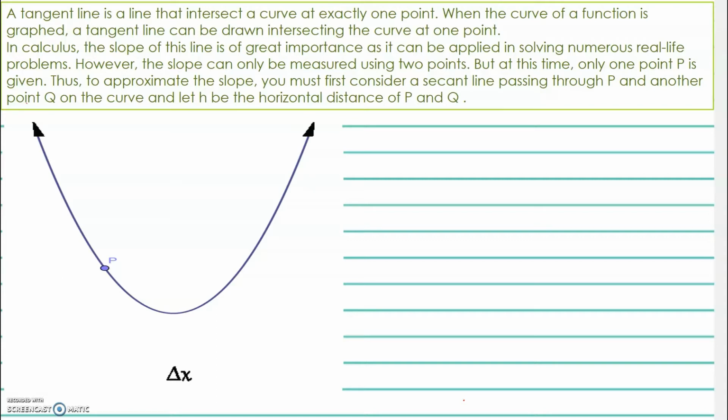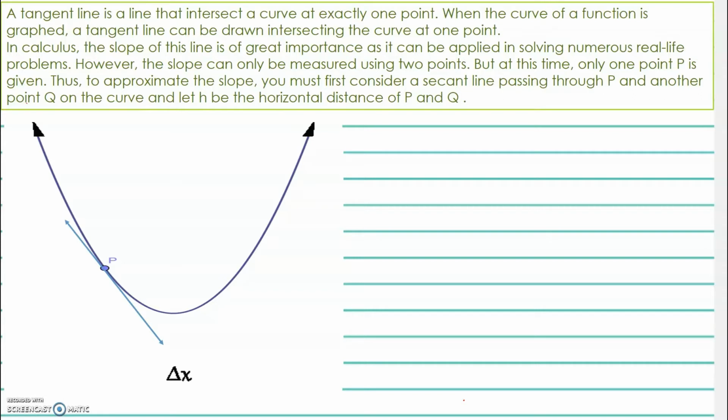So in this illustration, we see that we have point P on the graph, okay, and we have the tangent intersecting the graph at point P. Now in calculus, the slope of this tangent line is of great importance as it can be applied in solving numerous real-life problems.